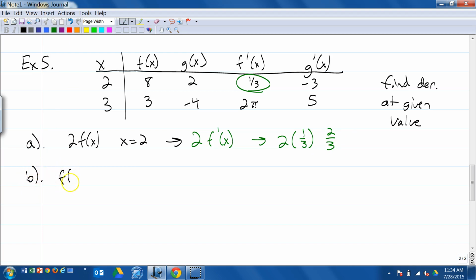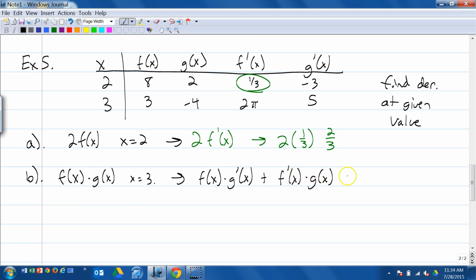What about f of x times g of x when x is equal to 3? Okay, so the first thing we do is take the derivative. Well, this is a product rule situation because we have 2 different functions being multiplied. So I'm going to keep the first one the same, multiply by the derivative of the second, and there's no chain rule going on because it's just x, plus f prime of x times g of x. Now I look when x is equal to 3 and plug in all the numbers.